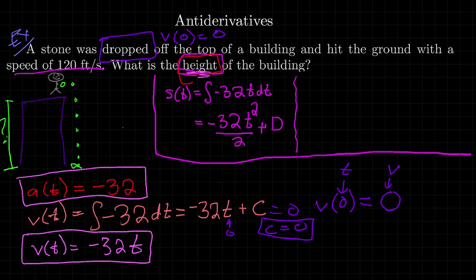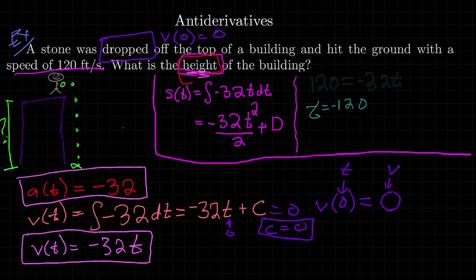So if I plug that into the velocity, I would get that 120 is equal to negative 32t. Okay, so t is equal to 120.